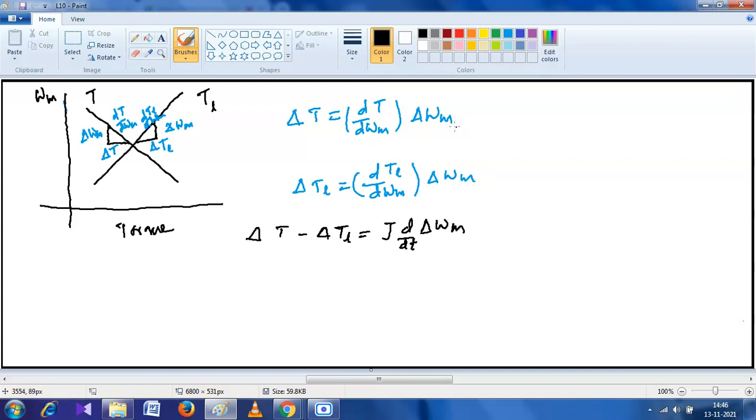We have to replace these two values in this equation. Then what do we get?